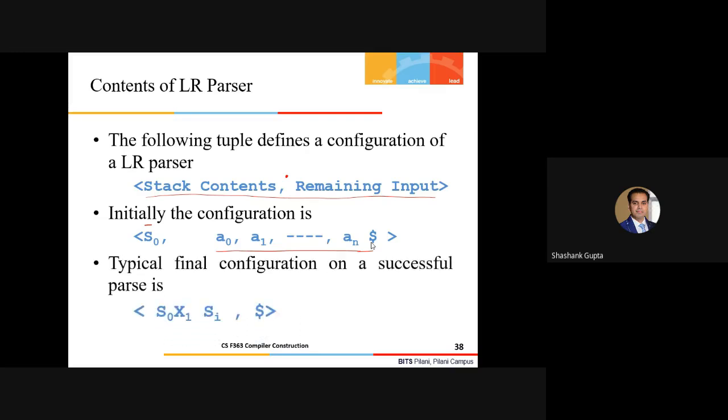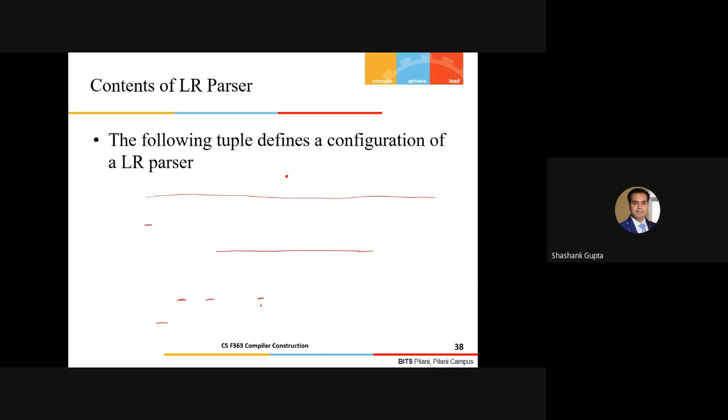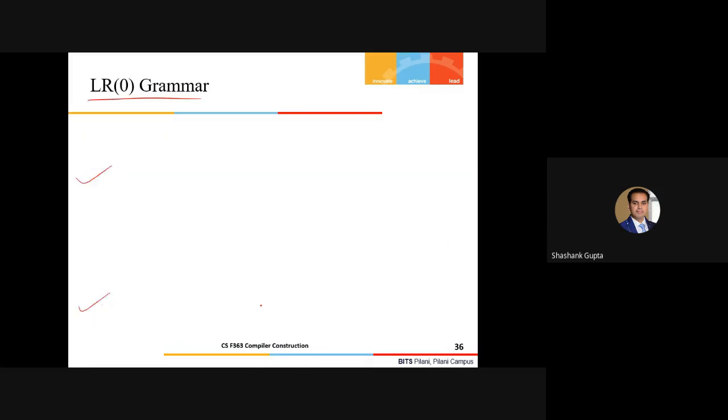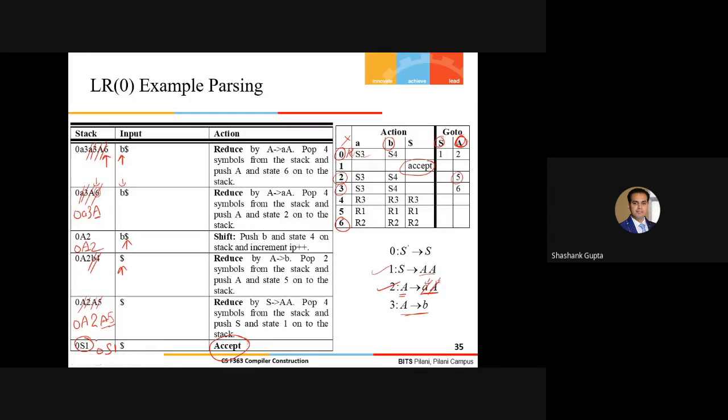So that is your final configuration. Just try to recall that example. Always I have the initial state, always I have some grammar symbol X1 related to some state symbol, and this is the rest of the input, that is dollar. You just recall the previous example. This is how we start: initial state 0, any grammar symbol s and the state symbol associated with s, and dollar here.